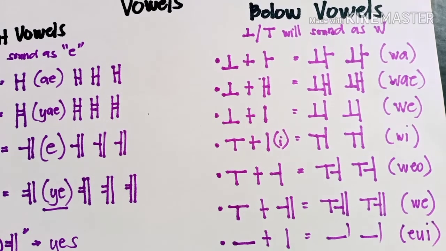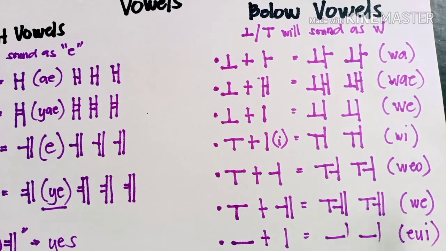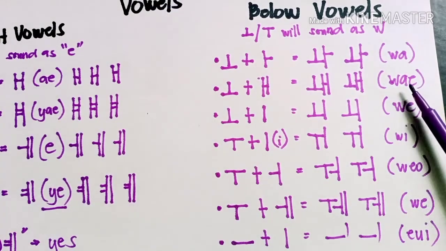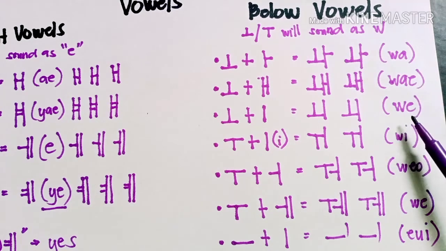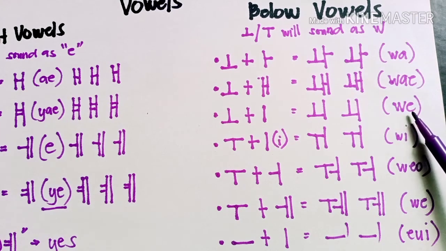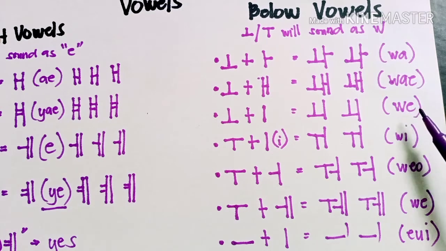So as you observe, some of our secondary vowels have the same pronunciation. So this one, way. Then we, just as simple as we.